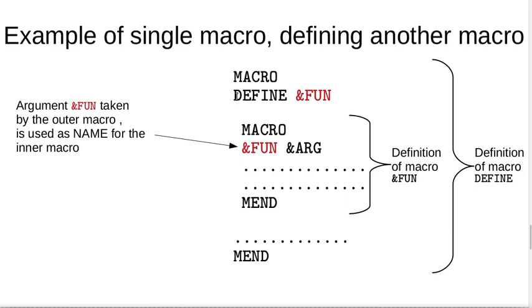When we call the macro define and provide the name for an argument, at that point we will get to know with what name we are supposed to define the inner macro, right? So this part is the definition of the macro called ampersand fun, and the whole definition is that of the macro define. Fine. So this is an example of a single macro that defines another macro. I am sure this is very clear, right?